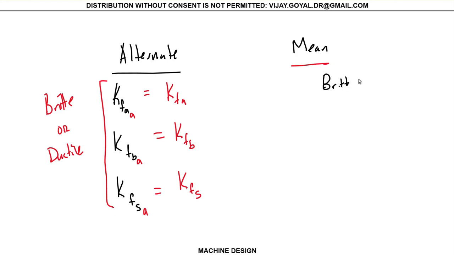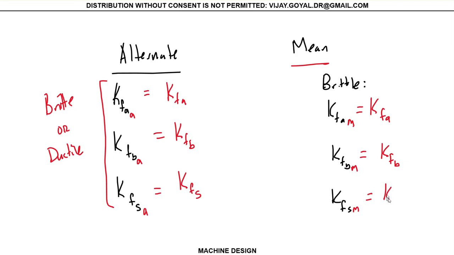For the case for brittle material only, you will just use the same. So you have axial, bending, and torsion. We're going to use the letter M to identify this as mean, because they have different values for each case, and you're just going to use the values that you get from the charts that we got from the previous equations.